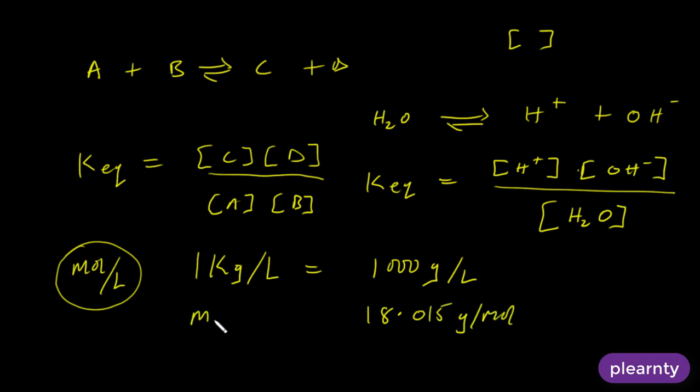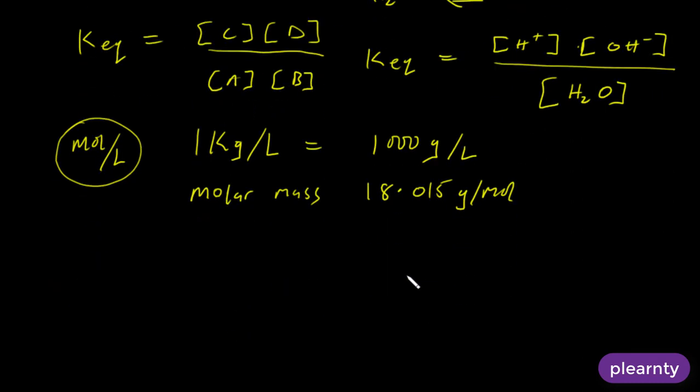So that's the molar mass. Now, to get the concentration of water, all you have to do is divide this by this. So you say 1000 gram per liter over 18.015 gram per mole.